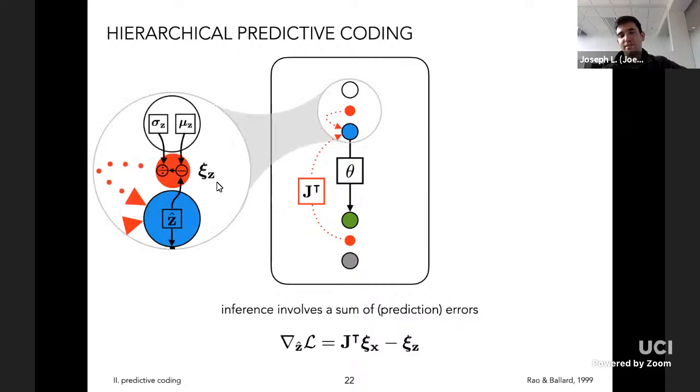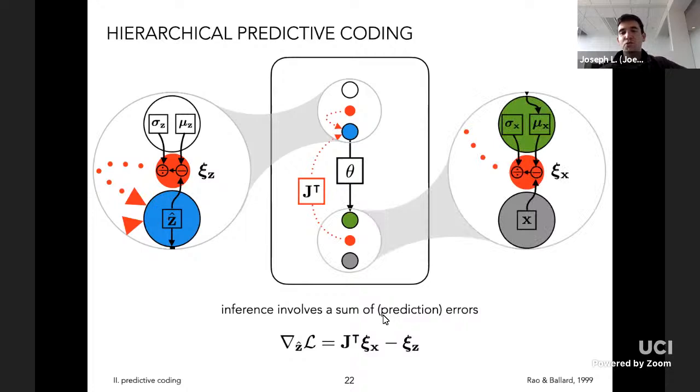So this xi z is the error between z hat and our prior. So this is the log probability of our estimate of the world under our prior estimate of how the world should be. So this is just subtracting mu z and z hat, and then weighting by sigma z. And then we're going to use that to update our estimate.